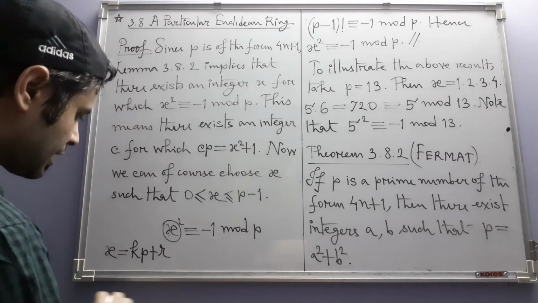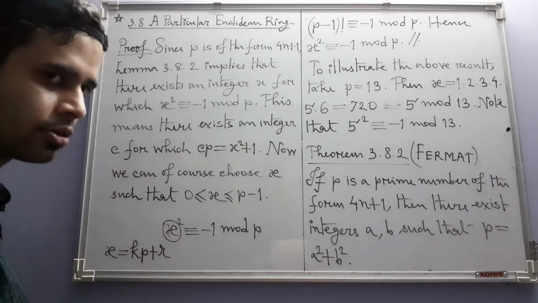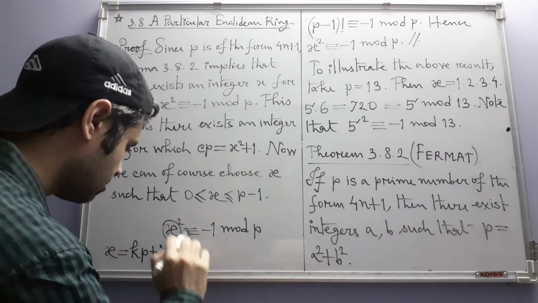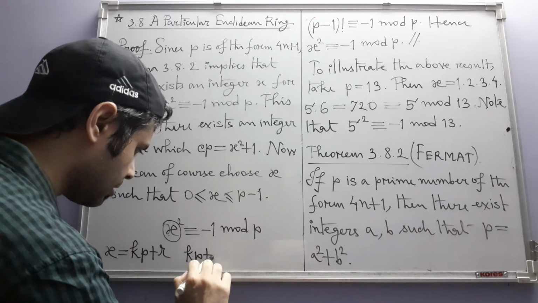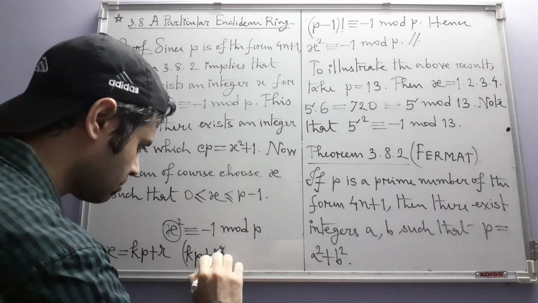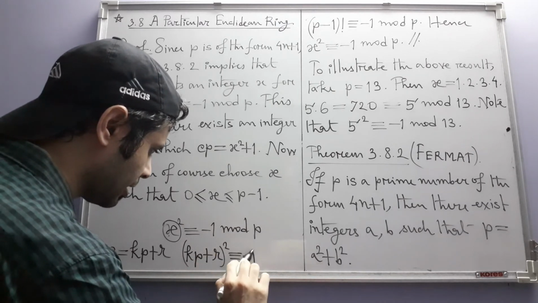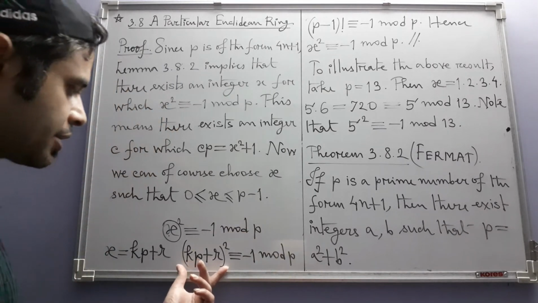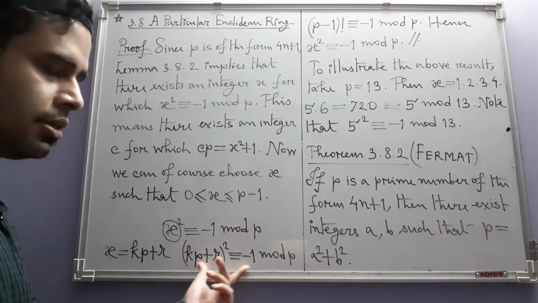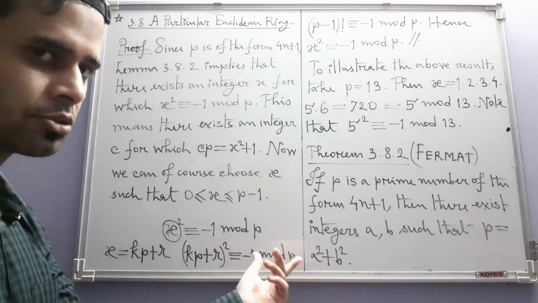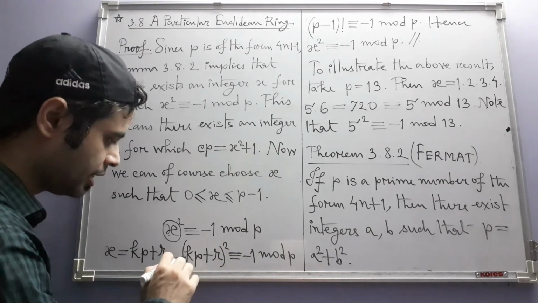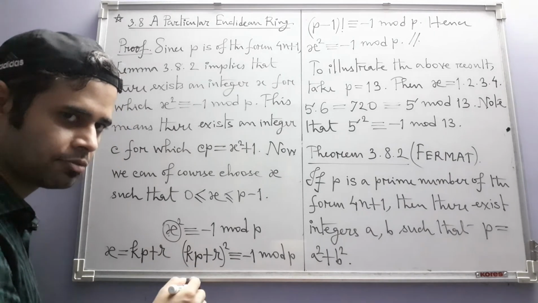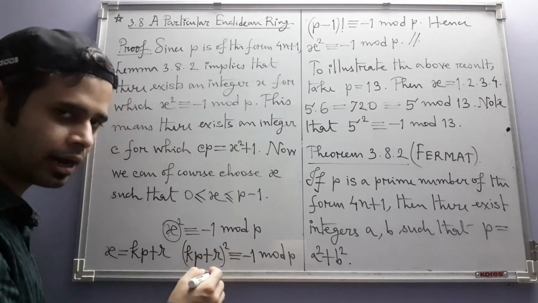Then if you substitute this in the congruence, because it is a solution, what will you get? kp plus r whole square is congruent to minus 1 mod p. If you expand this using the square formula, then you will get a term involving k square and a term involving k, and then you will get r square.